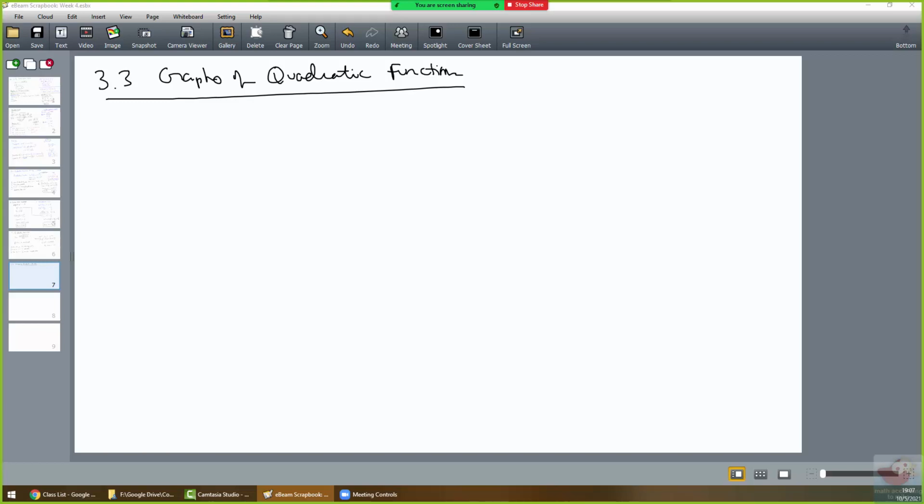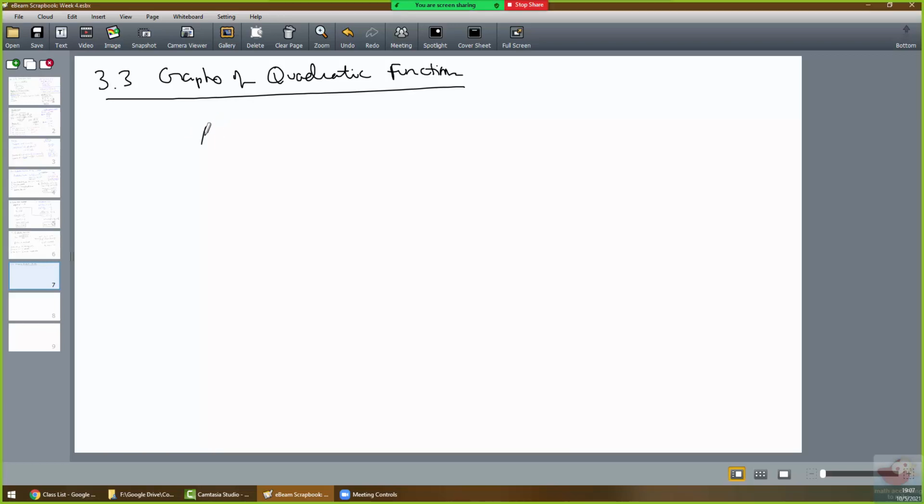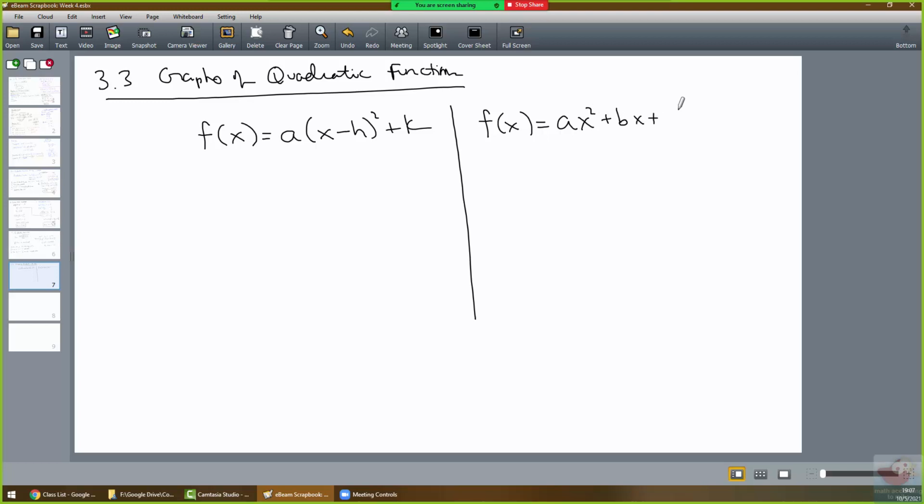There's two formats of the function you'll see in this section. You'll see what I call HK format, which has the form a times the quantity x minus h squared plus k. And you'll have the other format, which is ABC format, ax squared plus bx plus c.